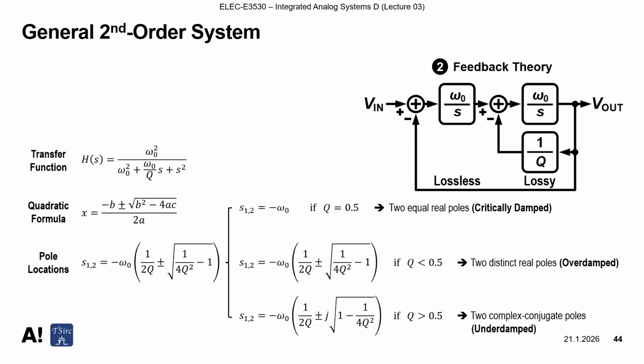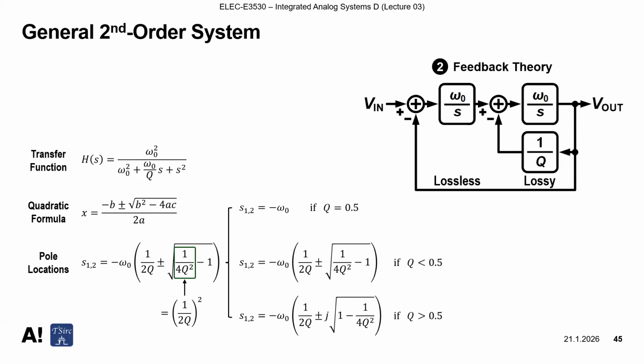If we take a Q factor larger than 0.5, then the term within the square root becomes negative. That goes to imaginary, so we can take the imaginary j part out and take minus 1 for the inner term of the square root. In this case, we have two complex conjugate poles, and that goes to the underdamped condition.